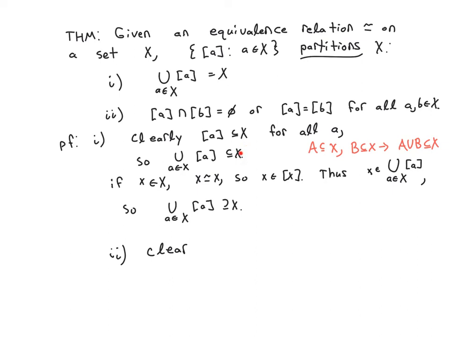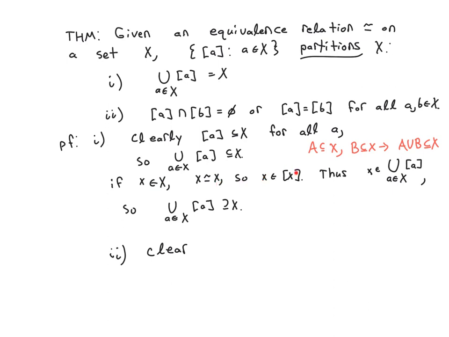Now we need to show X is a subset of this union. That means every element in our ground set X belongs to at least one equivalence class. Well, by reflexivity, everything is equivalent to themselves. So if I take an arbitrary element in my set, it's equivalent to itself.